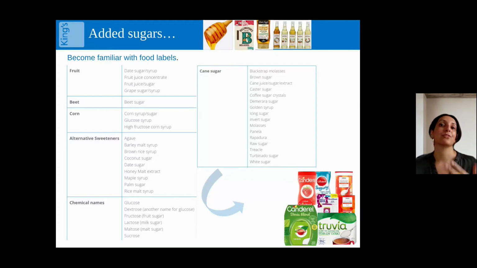Now, sometimes sugar will not necessarily be labeled as simply as that on a food label. So if you identify on a label any words which include an ending of OSE, so any glucose, lactose, maltose, sucrose, or fructose, for example, these are alternate names of sugar.